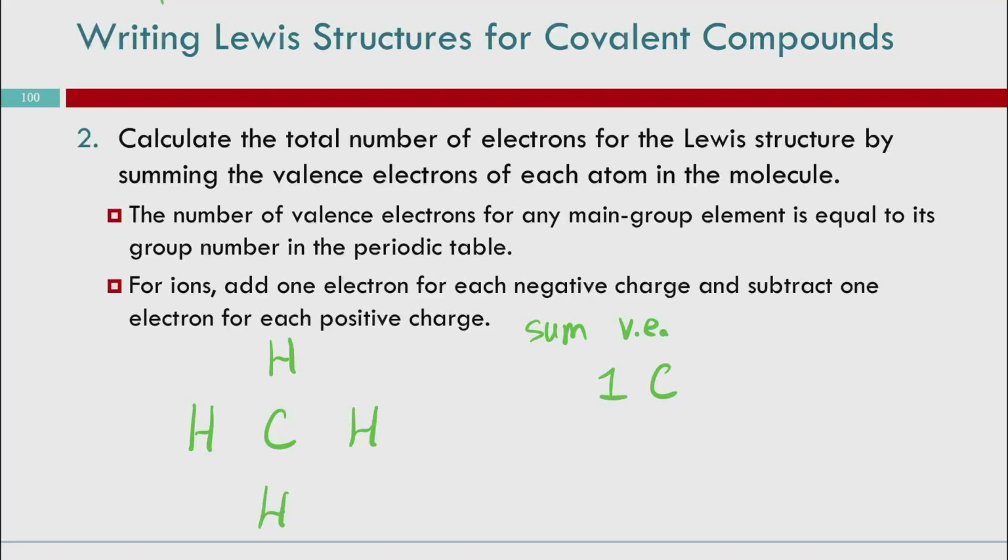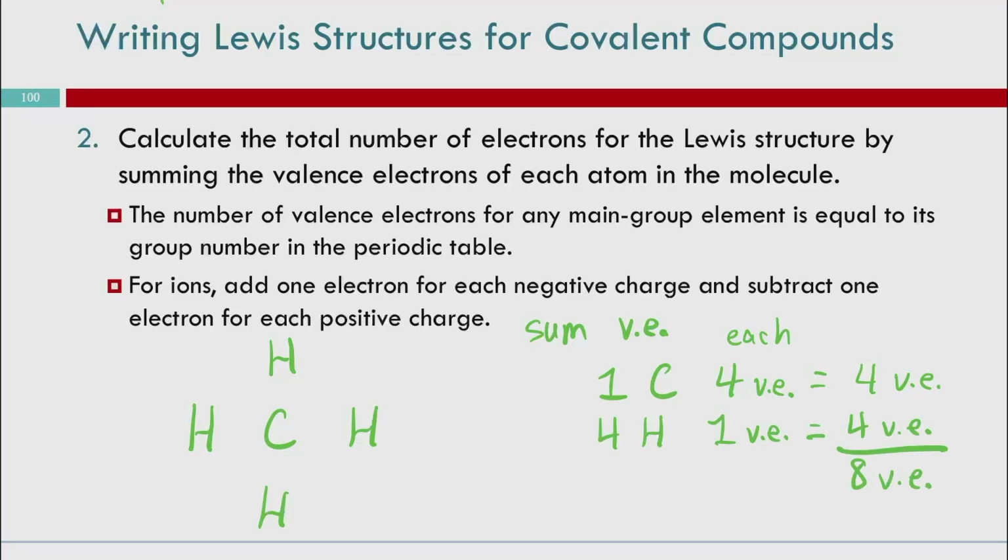Carbon has 4 valence electrons. We've got 4 hydrogens with 1 valence electron each. So we've got 4 valence electrons coming from our carbon, and 4 valence electrons coming from our hydrogens, for a total of 8 valence electrons.